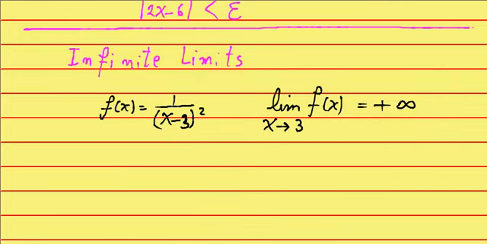But what is our definition? Infinite limit refers to a situation like this, when you are taking a limit and your limit turns out to be infinity. What does that mean?